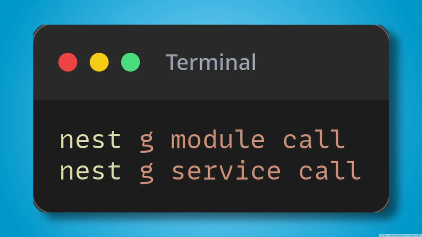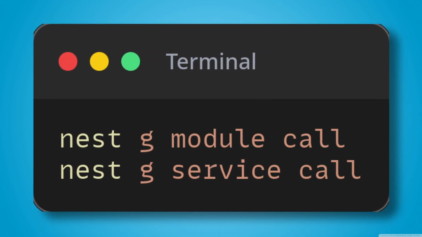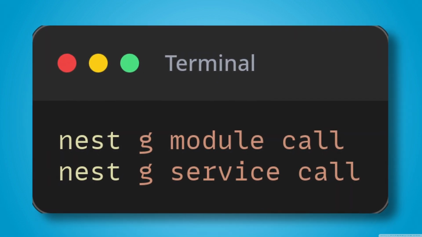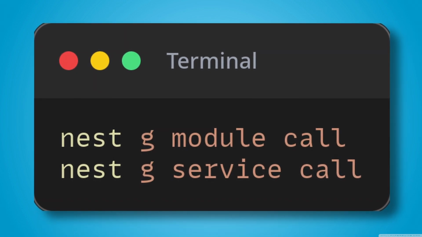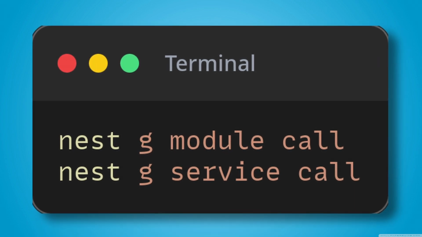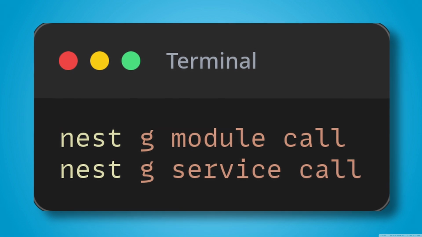Let's organize our code in a directory. So we are going to generate a module and a service that will contain all our methods. Open your terminal, make sure you are in the backend directory and run the command nest generate module call and also the command nest generate service call.